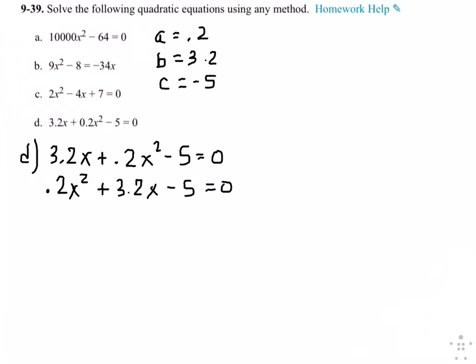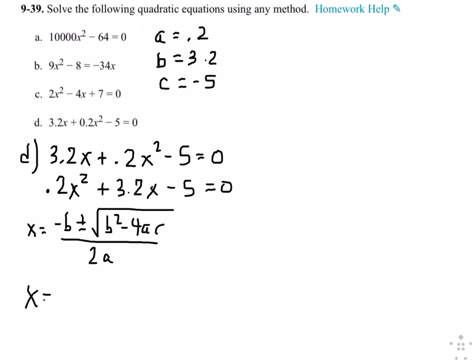So x equals negative b plus or minus the square root of b squared minus 4ac all over 2a. So now let's substitute it. Negative b is negative 0.2 plus or minus 0.2 squared minus 4 times, negative b. Whoa, I made a mistake here.